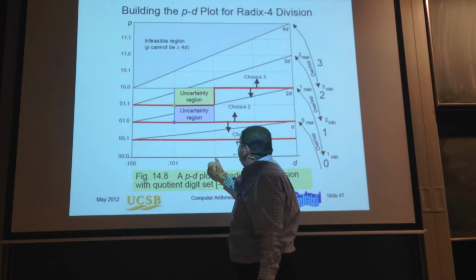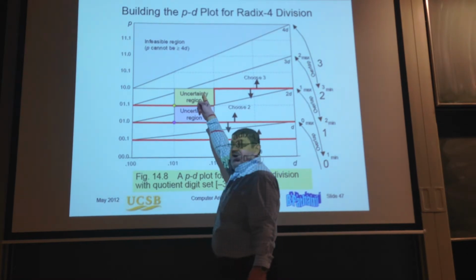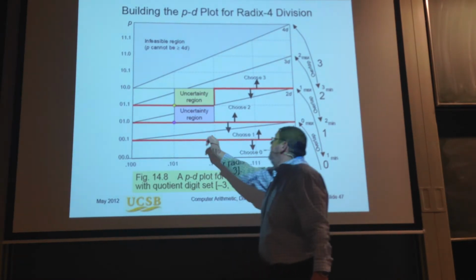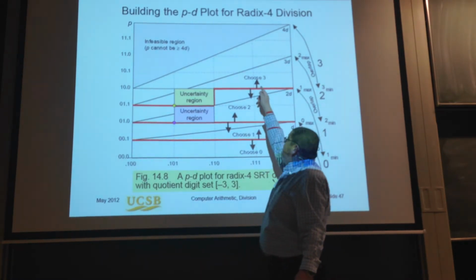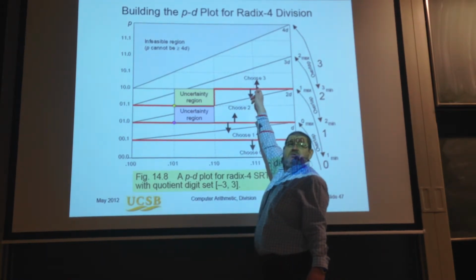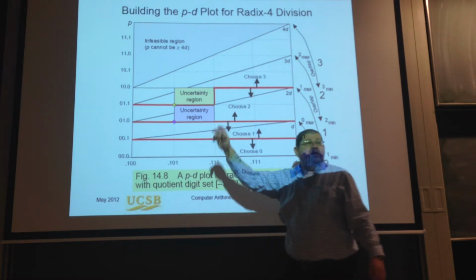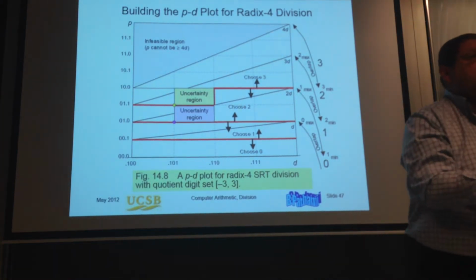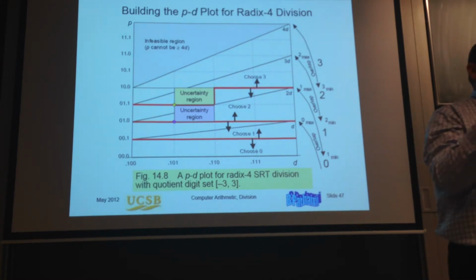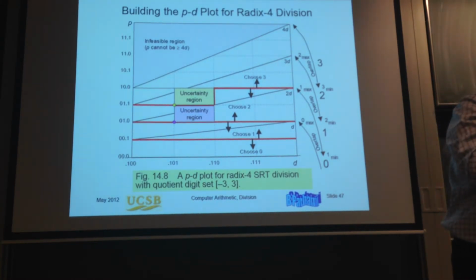If D is smaller than this and P is larger than that, I choose a 3. Whenever D is larger than this, I make the comparison on P on this one. Then you already see that while for radix 2 I was just looking at the partial product, now I'm also inspecting bits of D.